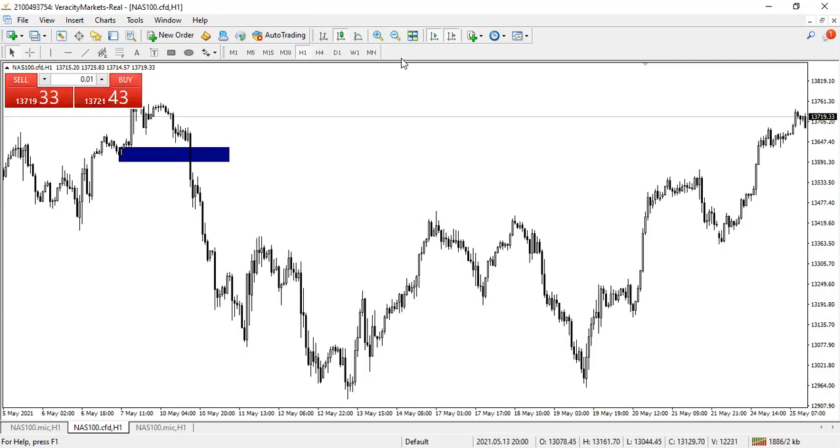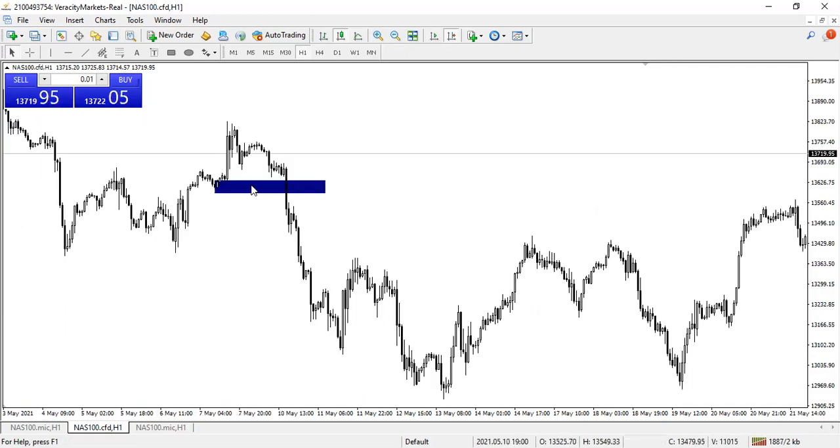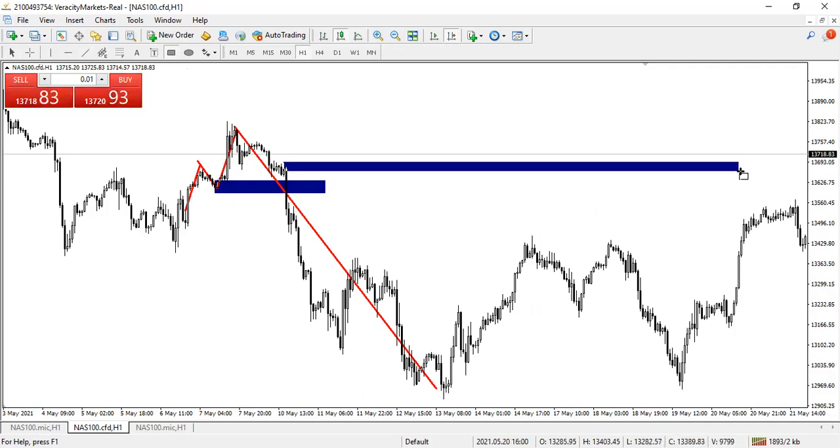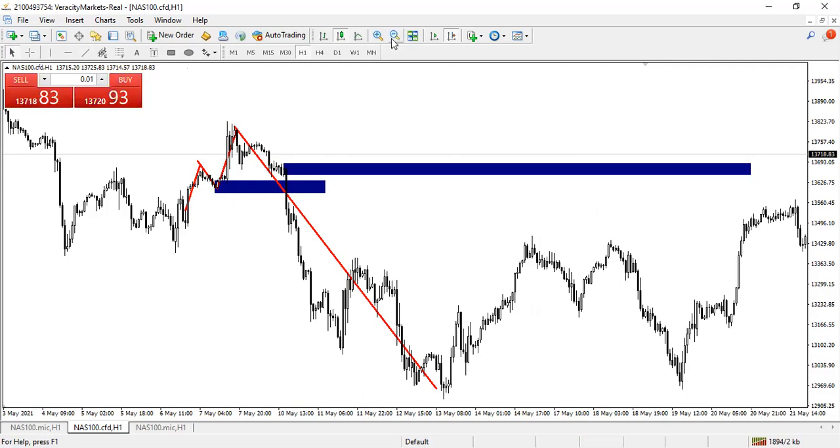I'm seeing the market came, higher high, higher low, high. Then broke. Left this zone. Let's check whether this zone is fresh or not.